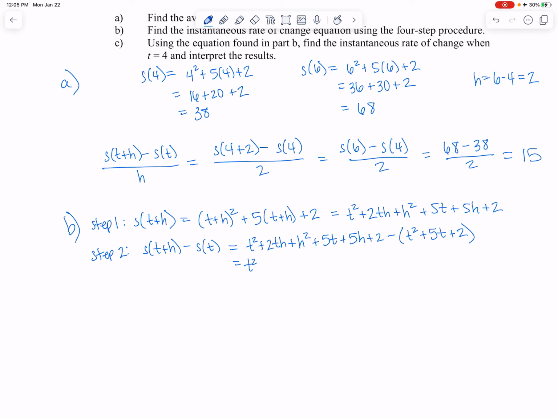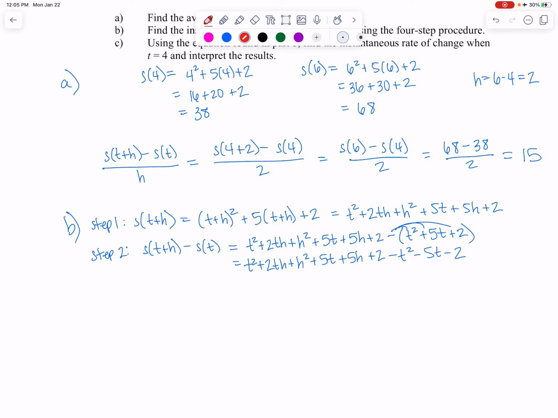So distributing out that negative, minus t squared minus 5t minus 2. Let's eliminate t squared minus t squared, 5t minus 5t, 2 minus 2. 2th plus h squared plus 5h.